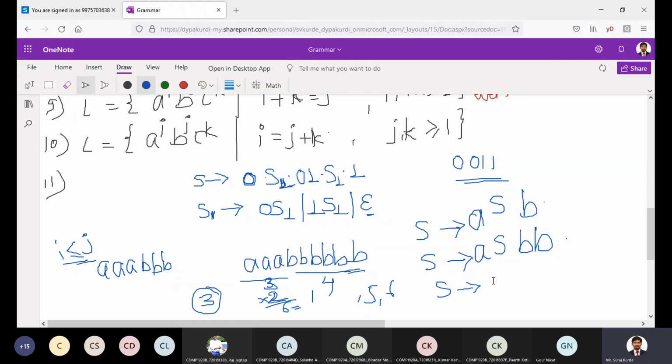Now what can be the production rule? What is the given condition? i is greater than or equal to 1, or i is greater than or equal to 0?